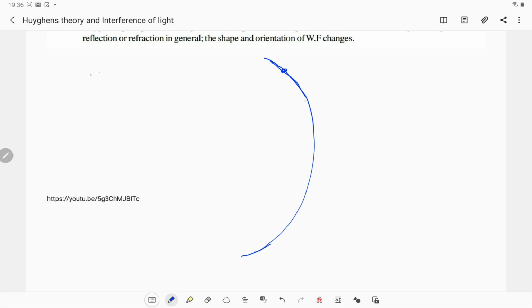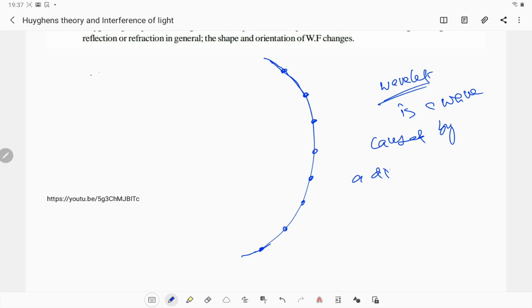See here is one point. Like that, there are a number of points, and every point on a primary wavefront acts as a source of secondary wavelets. What does wavelet mean? A wavelet is a wave caused by a disturbance that is itself a result of another disturbance.